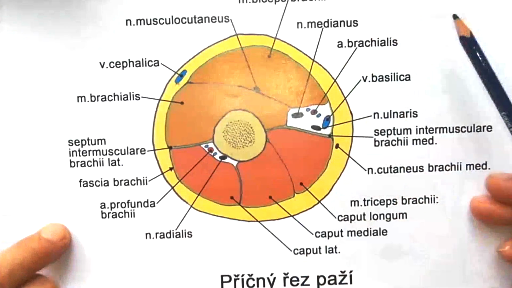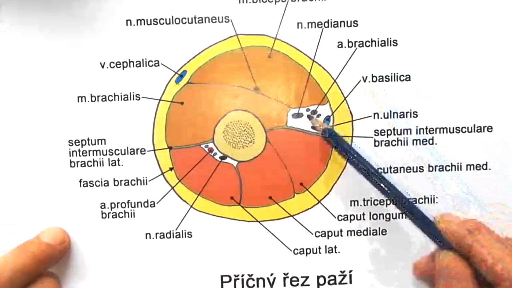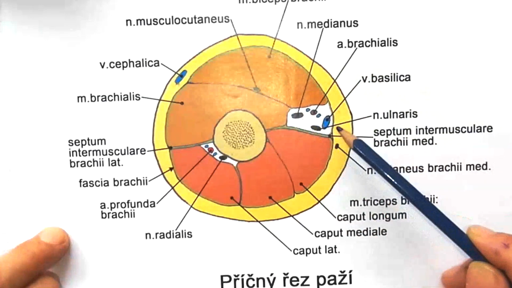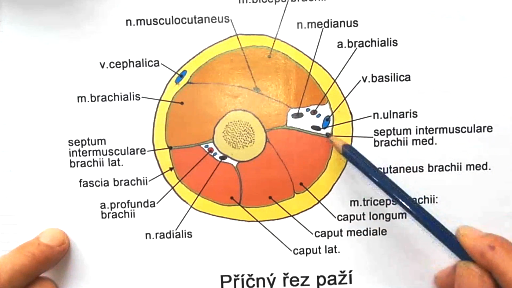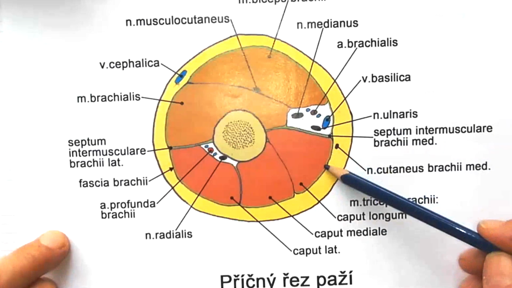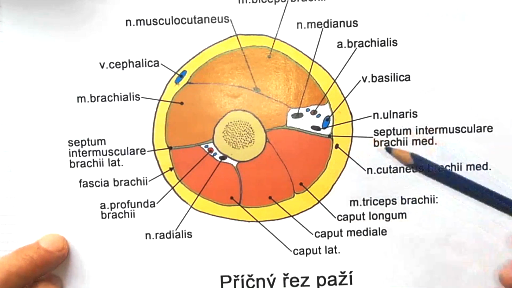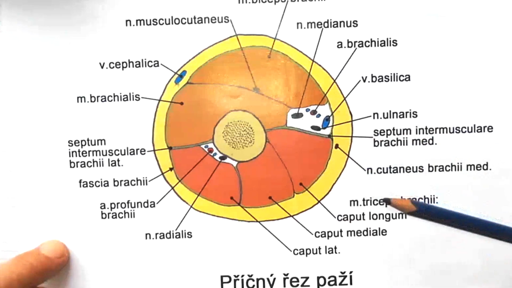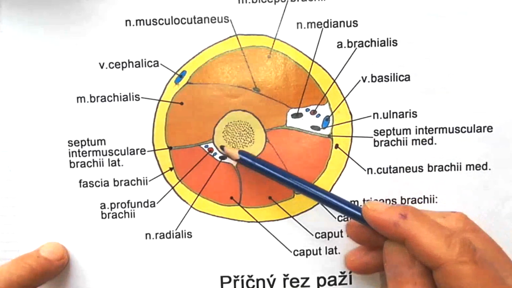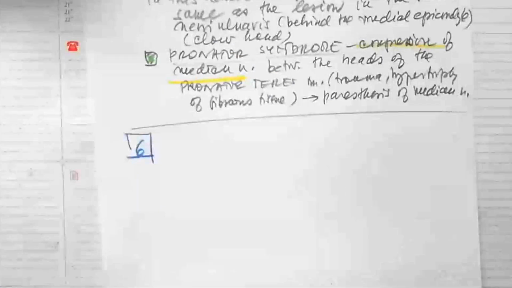This is what we practically did. Musculocutaneous, median, ulnar, without vessels, because the vessels run together with the nerve in the distal fourth of the antebrachium, superficial nerves, position of the radial nerve, profunda brachii, and the accompanying veins.